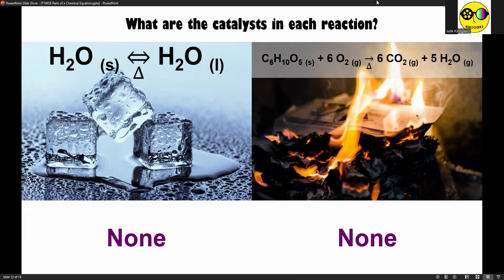It doesn't need any intervention from people or any chemicals in order to materialize smoothly. Just the presence of heat from the sun will do the job. However, burning of paper also doesn't need any catalyst because it is facilitated already with the presence of oxygen gas.